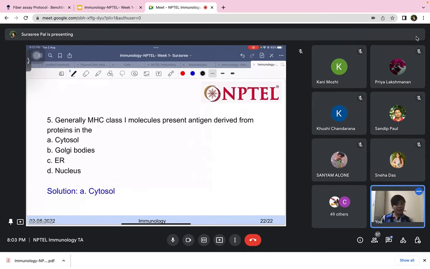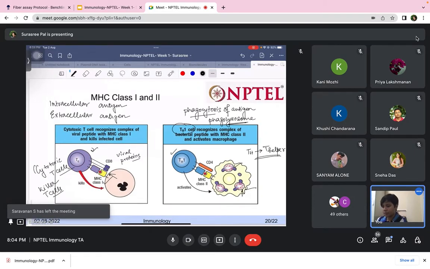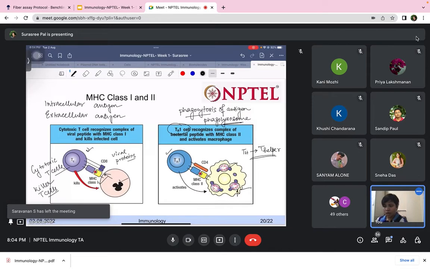And why is it so? Because the MHC class 1 molecules, I told you, they always process intracellular antigens, right? So these are the antigens from, suppose, a virus which has infected the cell, and these viral proteins are produced in the cytosol, right?